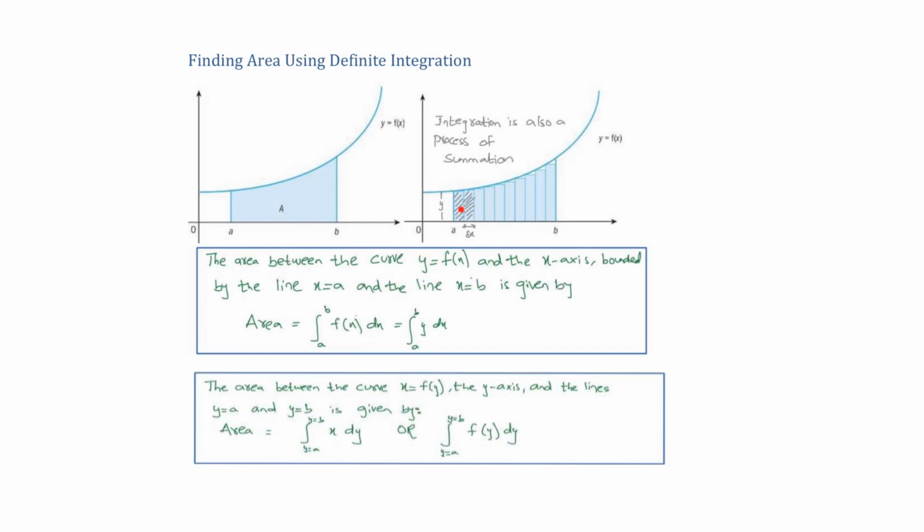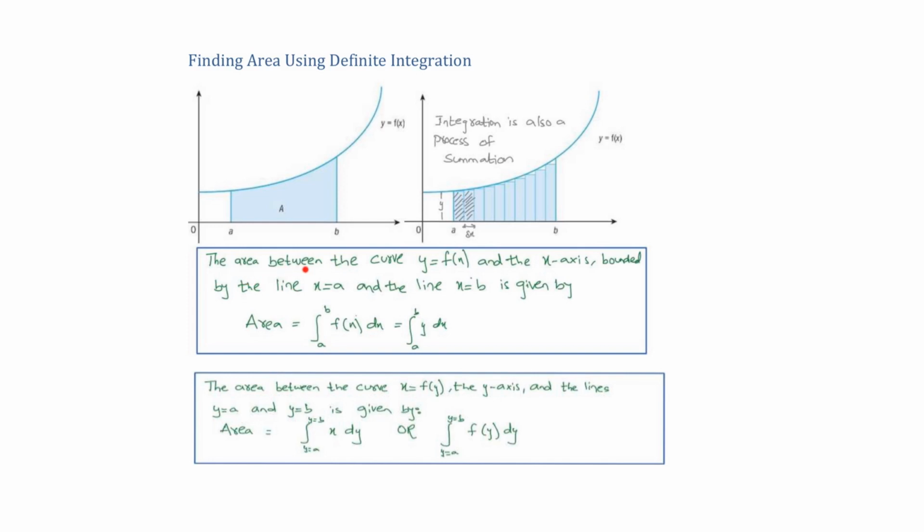When you add all these small rectangles, you will get an approximate value of the area of this shaded region. Do you see this? These small parts are being left, so that is why adding these rectangles will give you an approximate area. But when you integrate a function from the limit a to b, you will get the entire exact area.